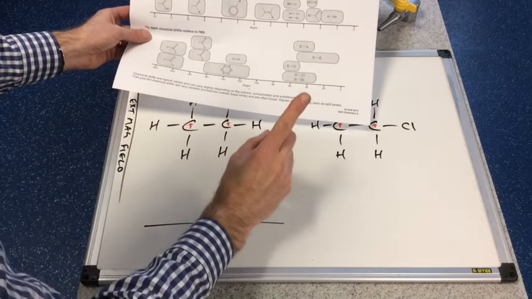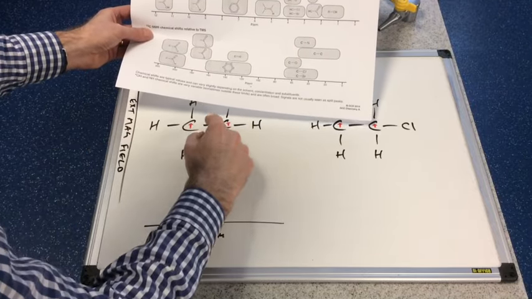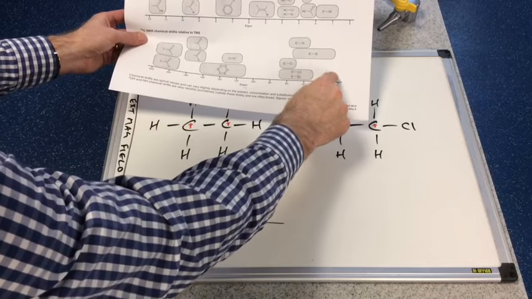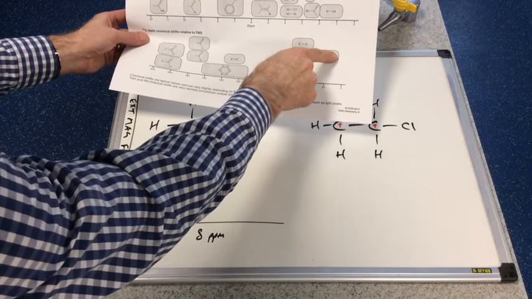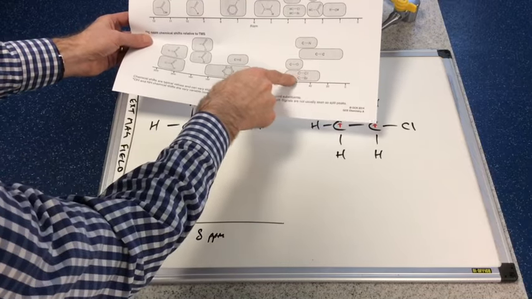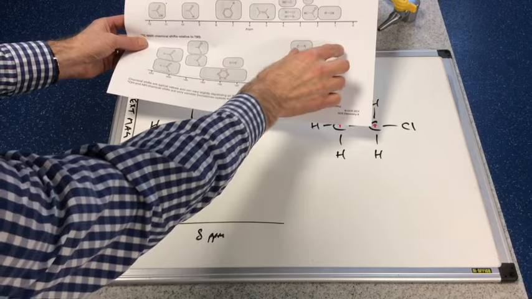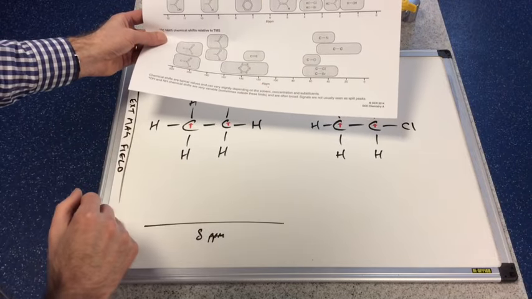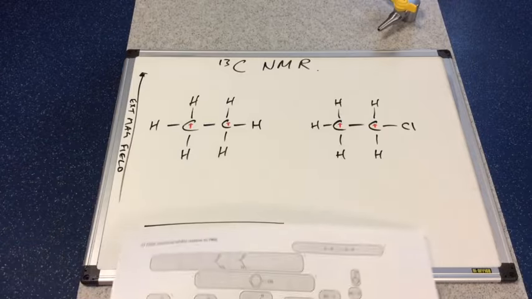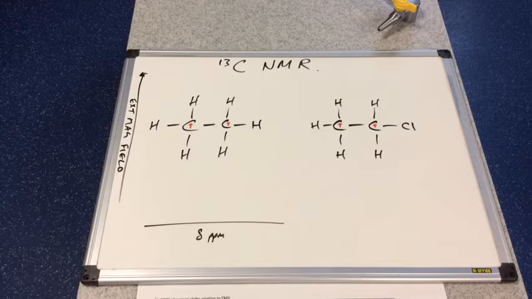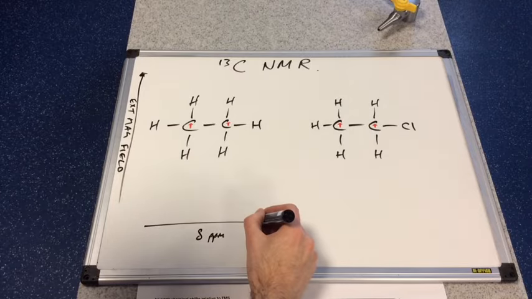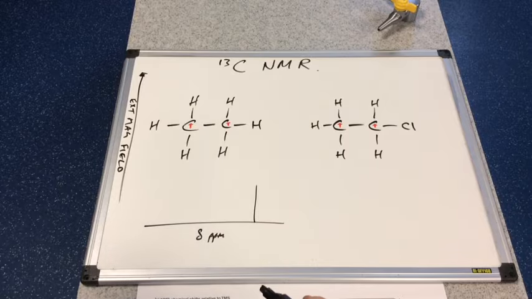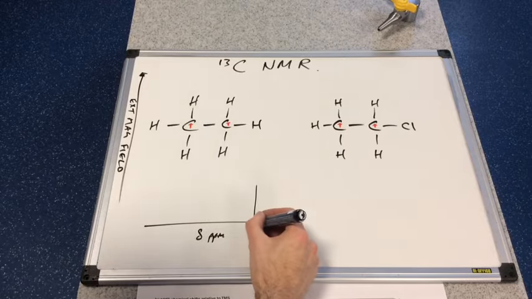So we would see one peak, because there's only one environment, somewhere in the region between just under 10 and about 50-something parts per million, which are the units, and again I'll explain that later on. So we'd see one peak because there's one environment, and we'll go for, should we go for 20?